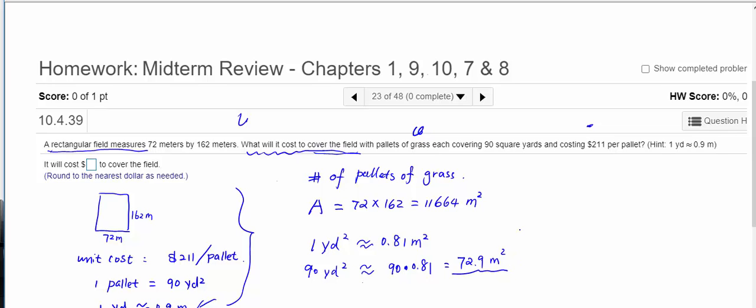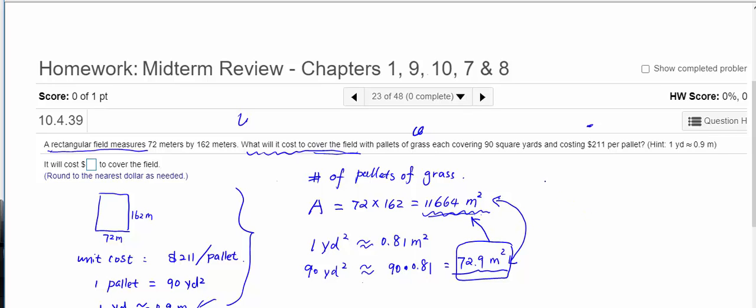So using this and the area of the rectangular field, then we can figure out how many pallets are needed. Okay, so since we have this total area, we can do a division, because this is how big one pallet is. And remember, we want to figure out how many pallets fit into this area, right?